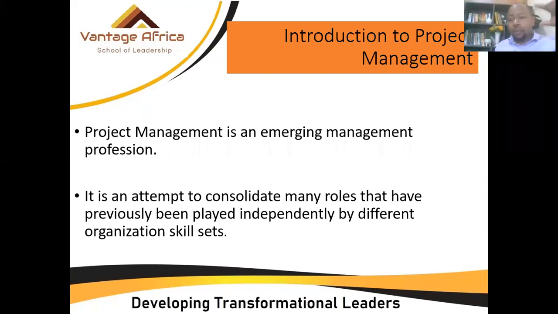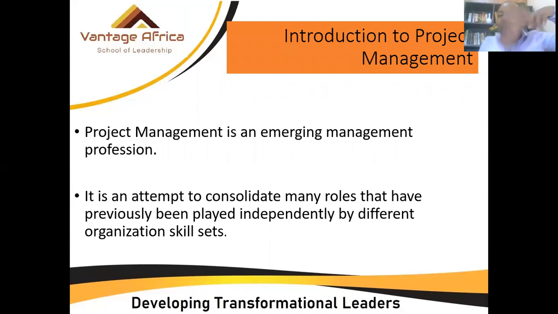So previously, finance was operating on its own. Human resource as a skill was operating on its own. Procurement was operating on its own. However, within the context of a project, you have the project as the umbrella, and then down here, you have what is called project finance, okay?